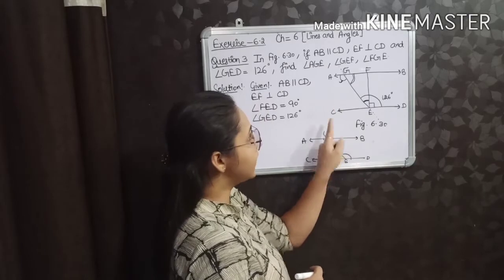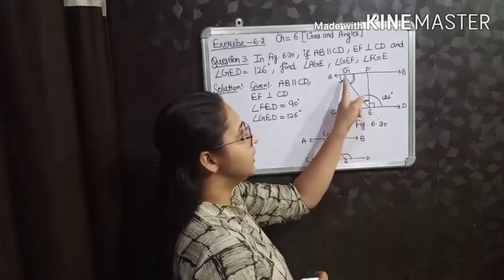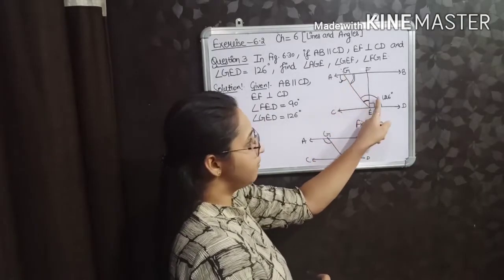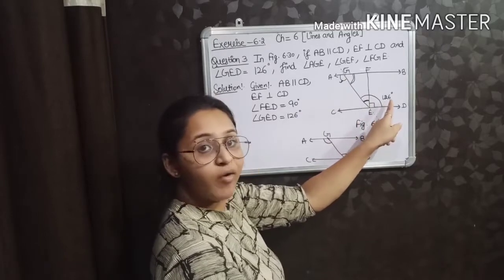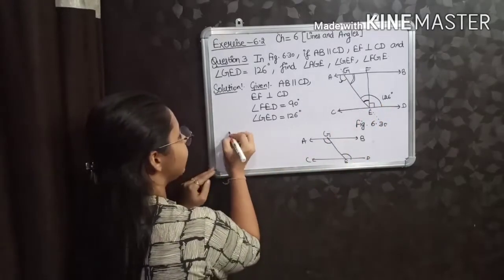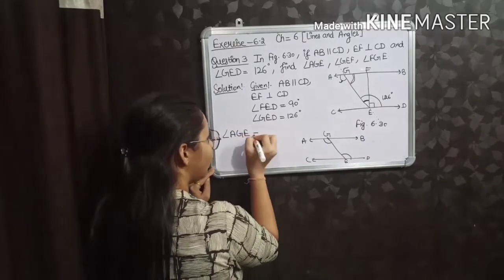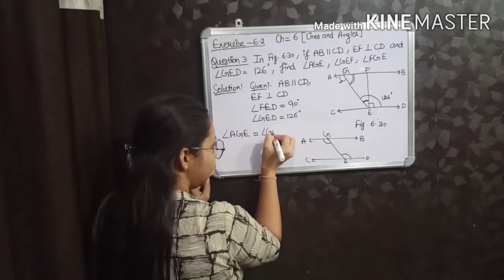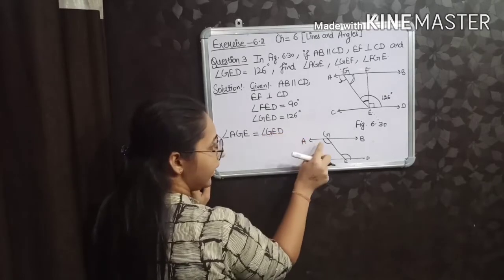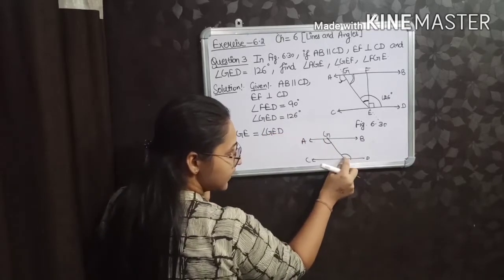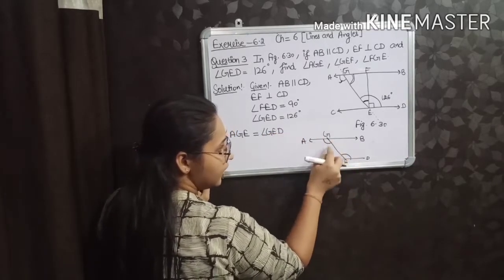And now this is angle A, G and E. And this complete angle is given to be 126 degree. So we can write angle AGE is equal to angle GED. Angle GED, this angle is equal to angle AGE, this.